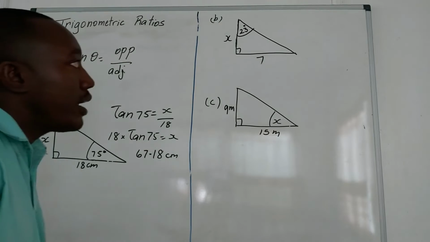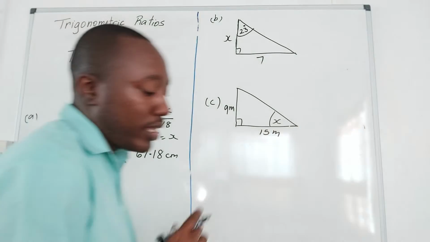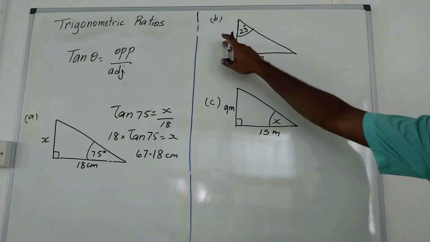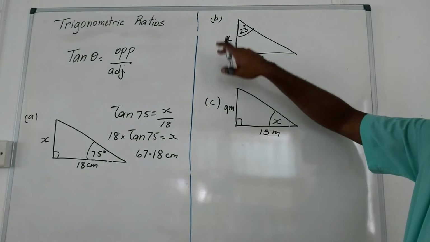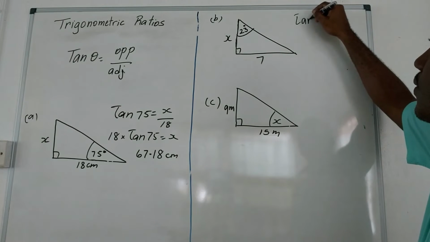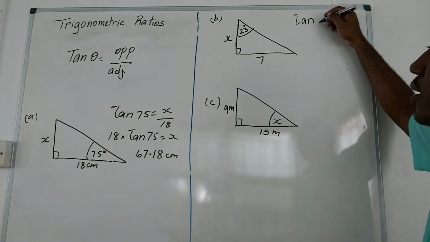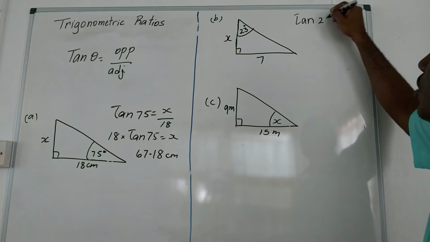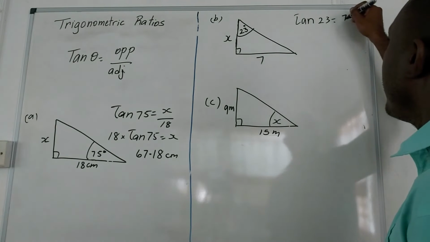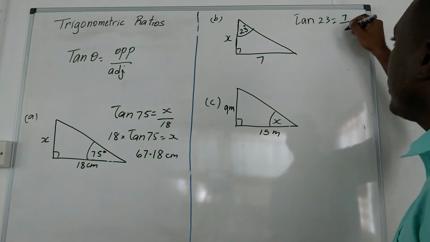Now let's come here to find x again, but here x is the adjacent. So tan 23 is equal to the opposite, which is 7 over x.